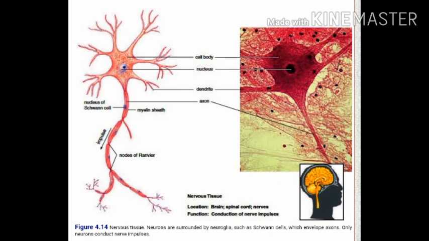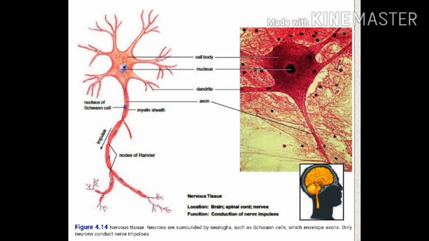The dendrites are responsible for receiving the information. Once the information is received, they convert this into an electrical impulse or a nerve impulse. The nerve impulse will then pass through the cell body and then it is taken to the next part, the extension of the cell body called the axon.